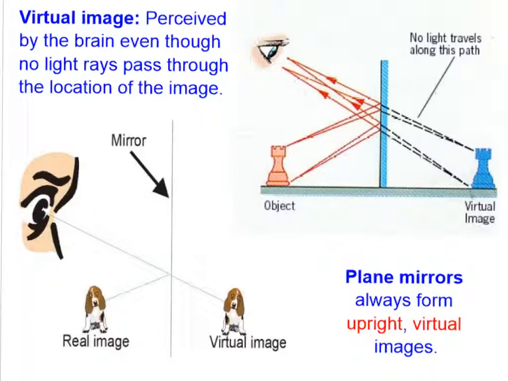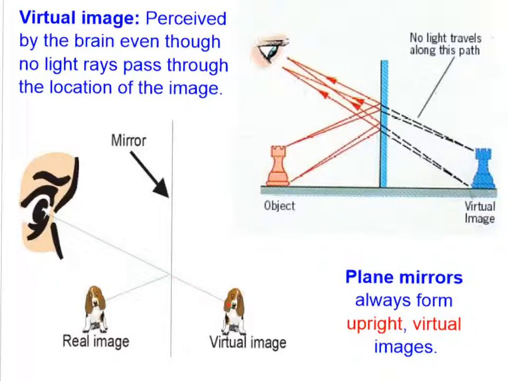It's an image that is perceived by the brain even though no light rays actually pass through the location of the image. In this diagram right here, we have the dog, the real dog, the real image, and as the light rays are reflected off of the dog into the mirror in this direction, then they are reflected into someone's eye that might be looking at the dog. So this person would be able to see the image of the dog, and no light rays pass behind the mirror.